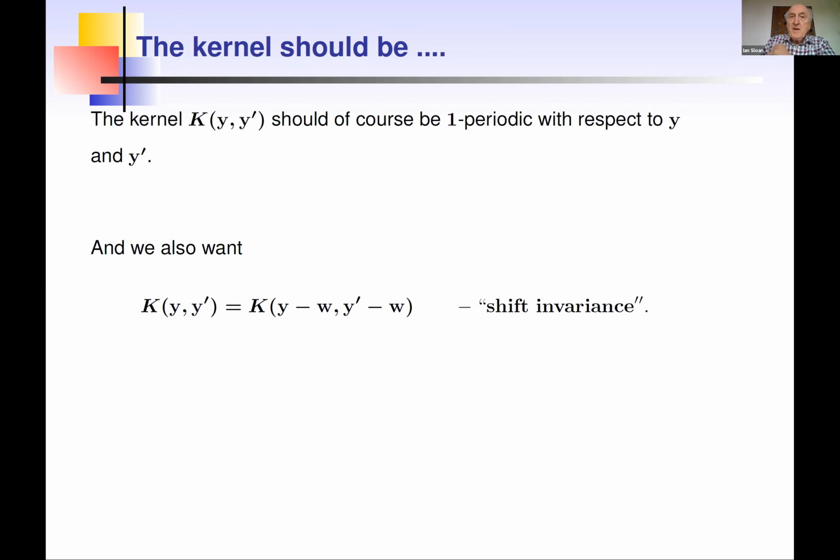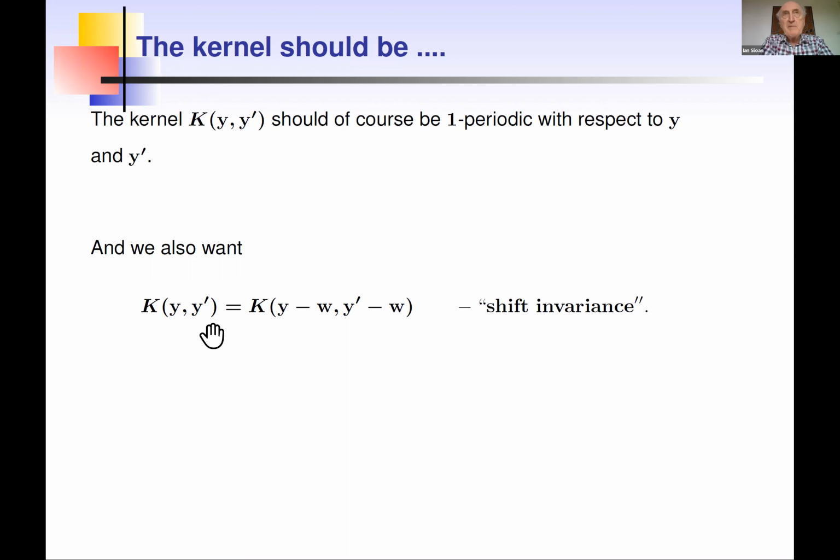Well, in our case, that's just why we like the periodic setting, I suppose. The periodic setting is a simplification. We want our kernel to be periodic in this setting, naturally enough, periodic with respect to both variables. And we also want this sort of shift invariance property, which is not essential, I suppose, in the periodic setting.